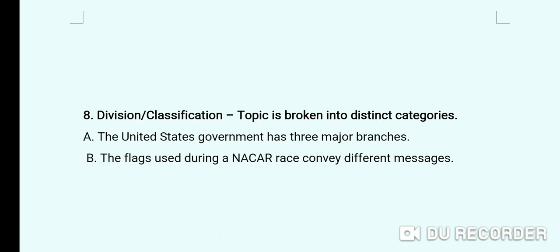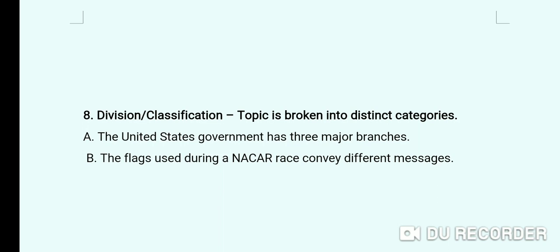is like a simple example of how we spend a great deal of our time organizing our environment in one manner or in other. Okay. The United States government has 3 major branches.